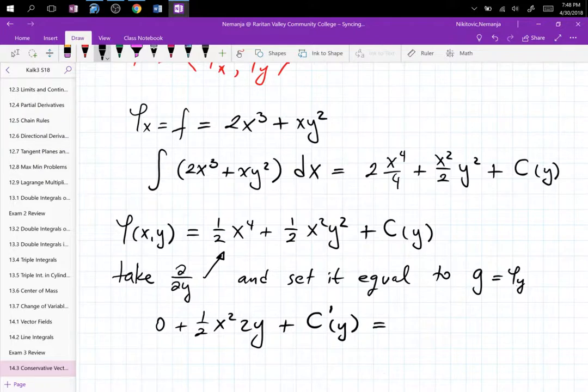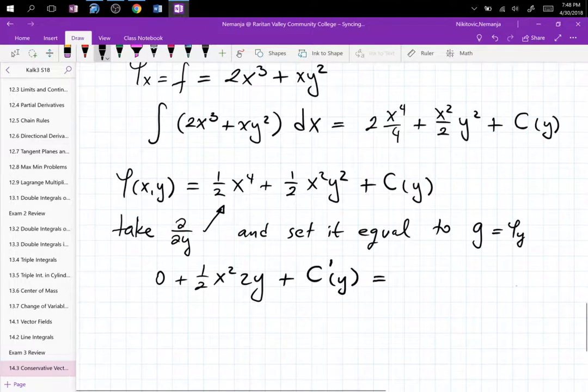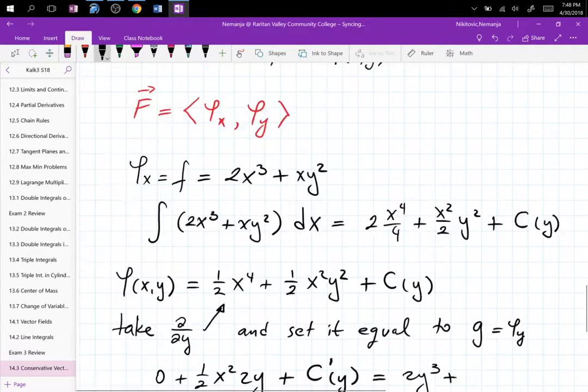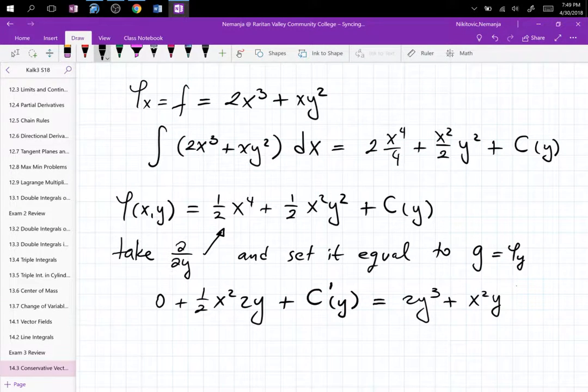And that needs to be equal to g, and g was 2y cubed plus x squared y. So I took the partial derivative of the answer I got from integration with respect to y, and I'm setting that equal to g, which is the partial derivative with respect to y from the vector field.